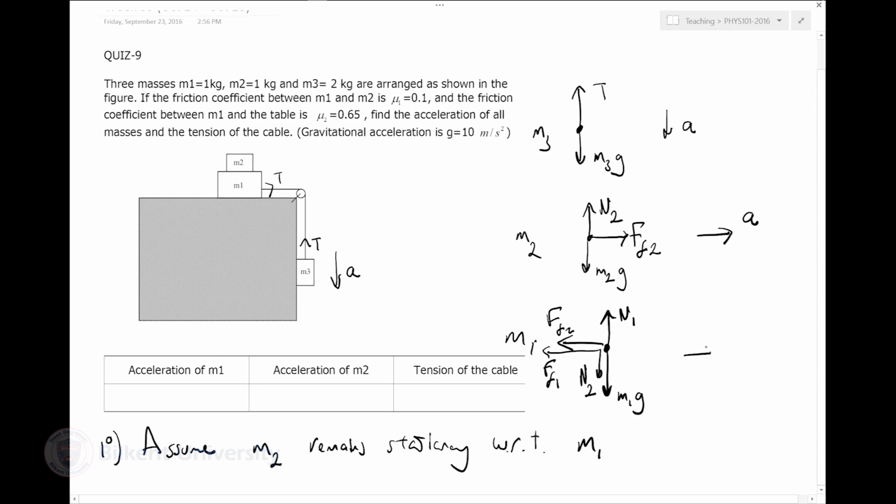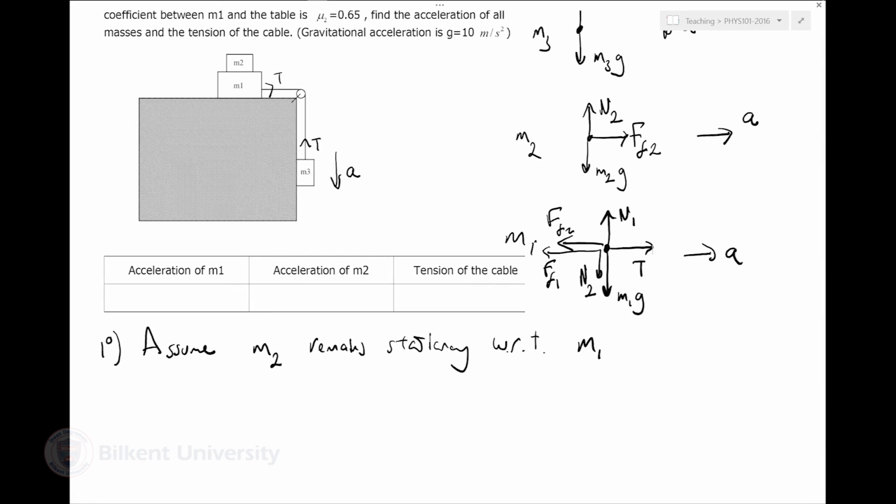It will be A to the right for both masses. That's very good. We've actually forgotten a force acting on M1. We've forgotten the tension of the rope, right? Feel free to interrupt me when I'm solving. I mean, it's better to get the right solution rather than the wrong solution, right?